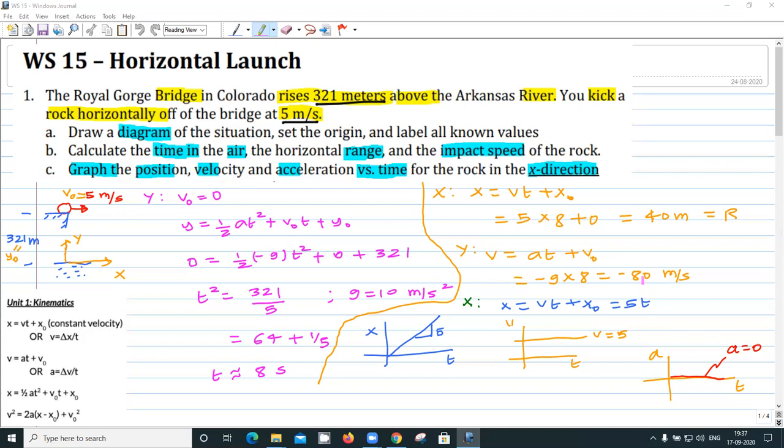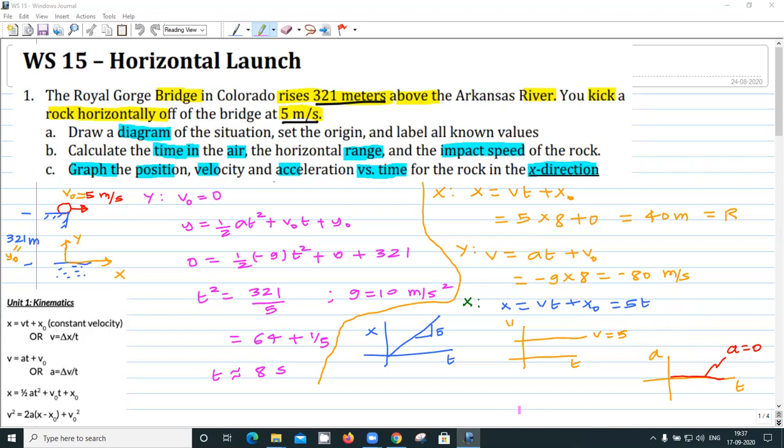So 79 point something. It's negative 79.3 meters per second.